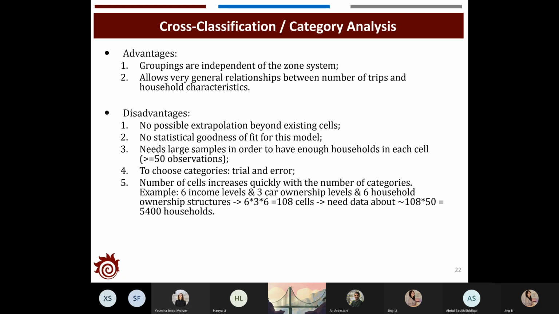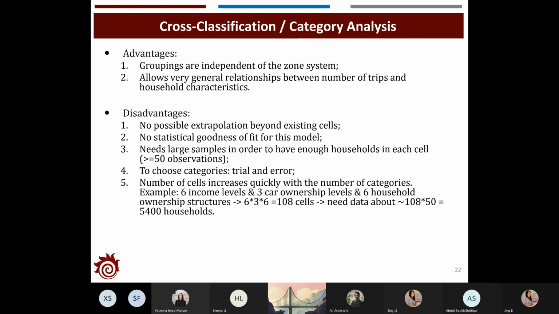So the total number of cells would be 3 by 4, that is 12. But if you just slightly increase the number of categories in each characteristic, for example, if we want to consider income levels, car ownership, and household structures, then it will increase dramatically.